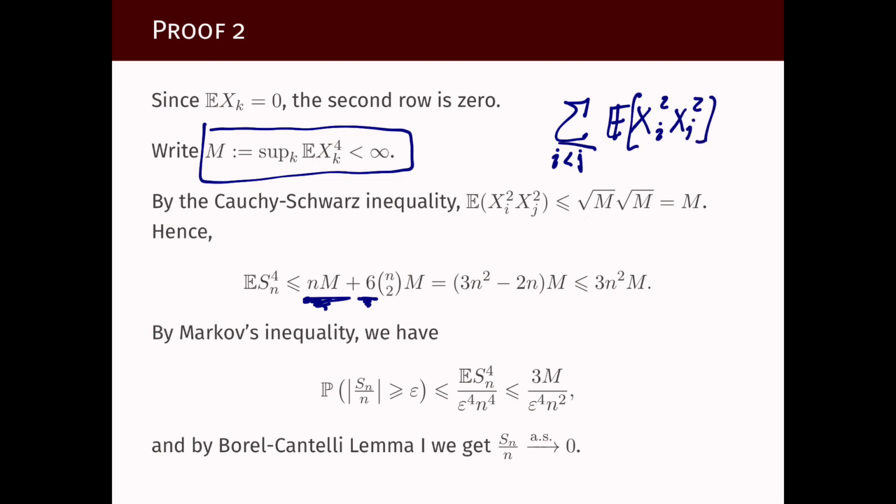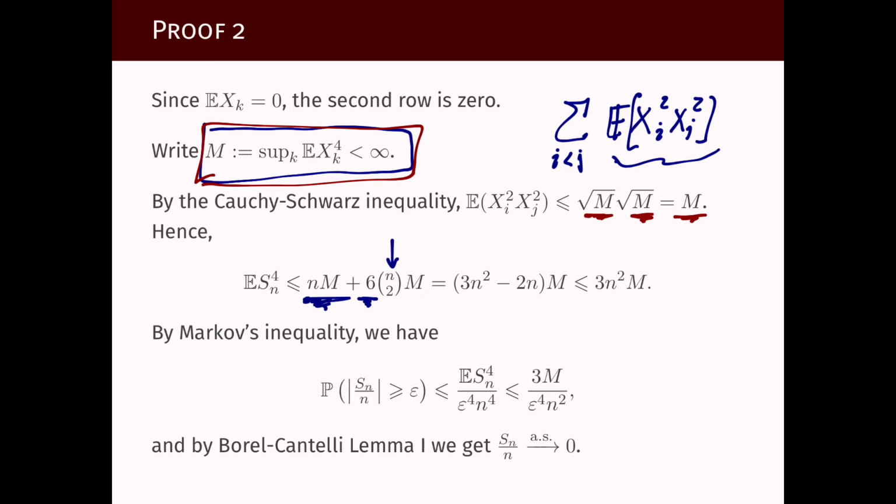So in how many ways can we choose i less than j and both between 1 and n? Well, this is exactly n choose 2. And by Cauchy-Schwarz inequality, we can bound this by the square root of the fourth moment of each of these variables, each one bounded by M, again by our assumption that fourth moments are all bounded. So we get again M here, capital M.